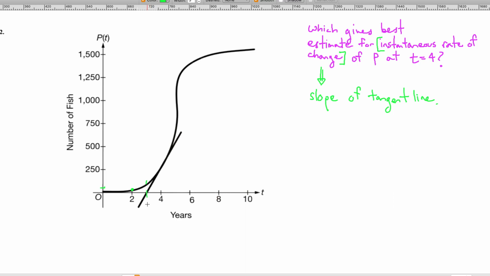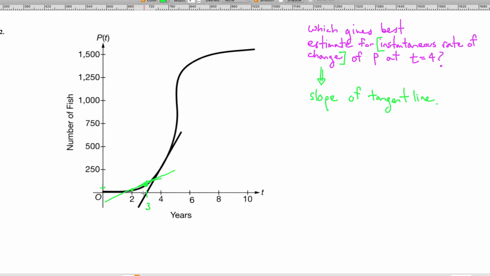Let's say that this is 3. I want to find out exactly what the instantaneous rate of change is. It should make sense that that's going to be the slope of the tangent line. Because if I did the slope of this secant line between 2 and 3, that would be the average rate of change in that 1 year period.